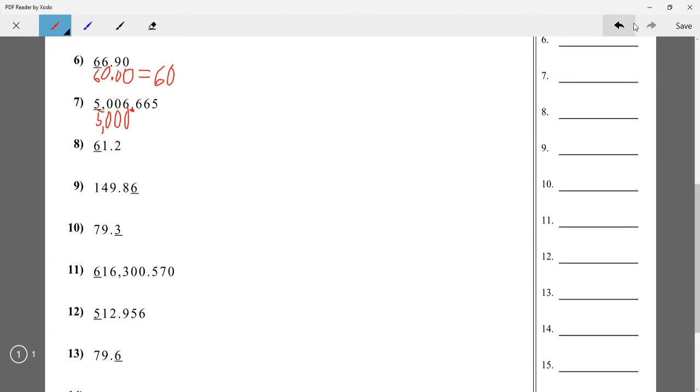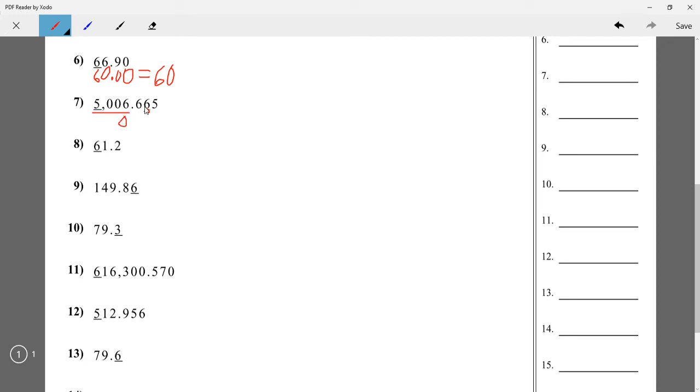Here, actually, I do want to go back, and I would like to show you how it would be if we were going to find the value of this 6. So, as I said, all of these numbers will just turn to 0, right?